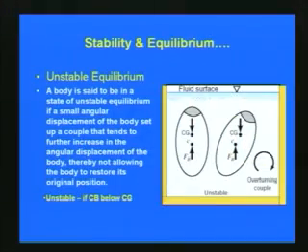If that center of buoyancy is below the center of gravity, then it will generally be in unstable equilibrium. So a stable equilibrium is when the center of buoyancy is above the center of gravity, and a body is said to be in unstable equilibrium if the center of buoyancy is below the center of gravity, as shown in this figure, so that an overturning couple is formed and then the floating body becomes unstable.